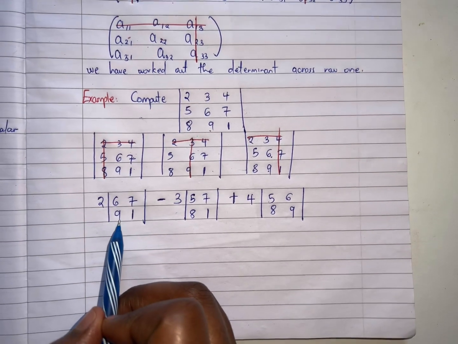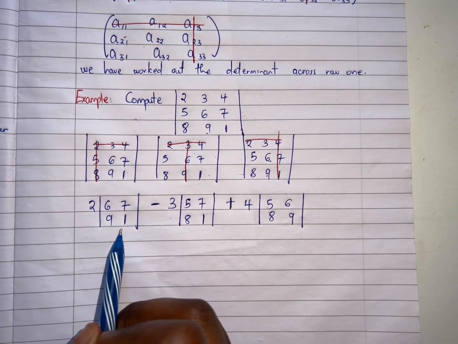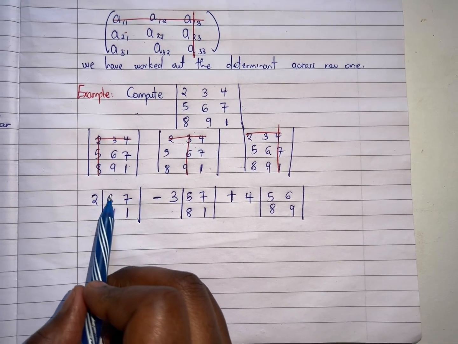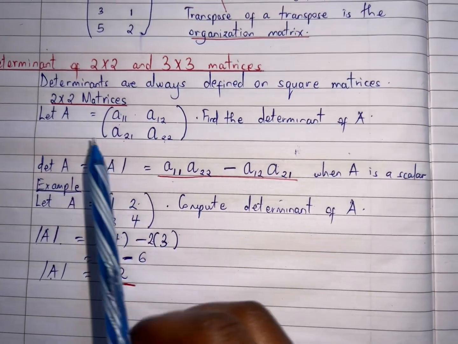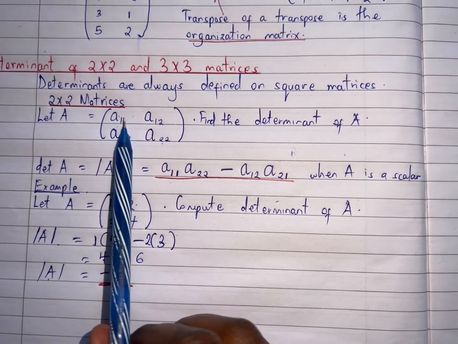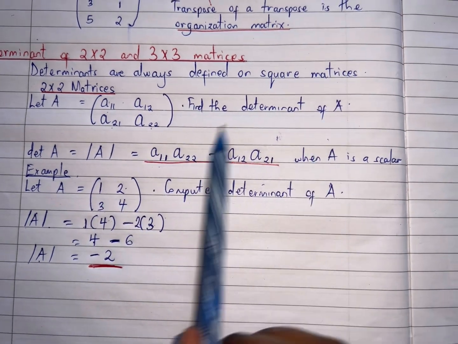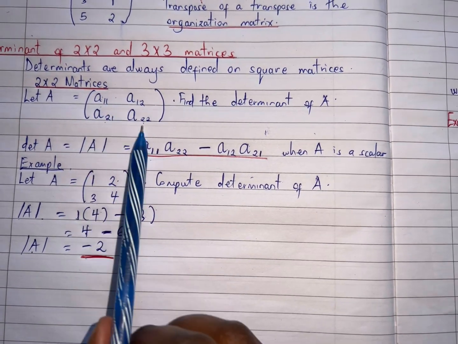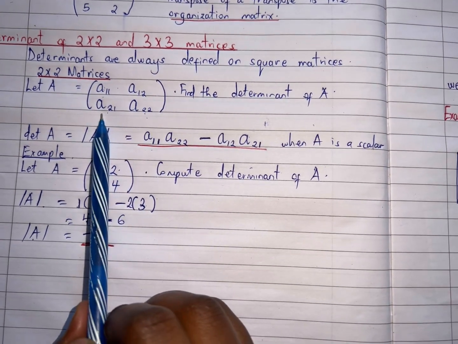So from a 3 times 3 matrix, after finding the values here, we have a 2 times 2 matrix inside. And you remember very well, I taught you how to find the determinant when you have 2 rows and 2 columns: A11, A12, A21, and A22. So A11 times A22 minus A12 times A21.